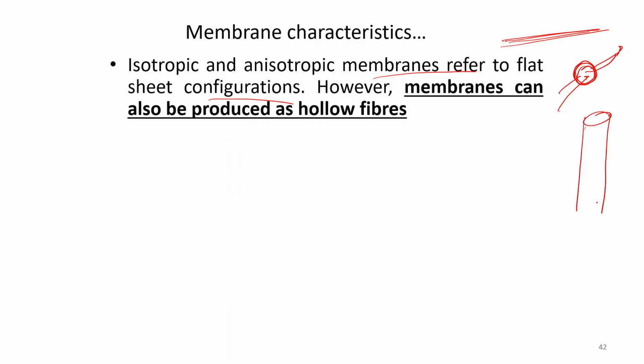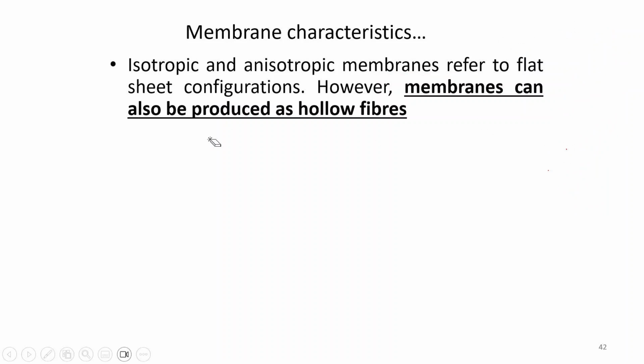Typically, the water with impurities comes from the surface and then clean water goes out. So, this type of membrane in cylindrical form can be created, that is the hollow fiber membrane.